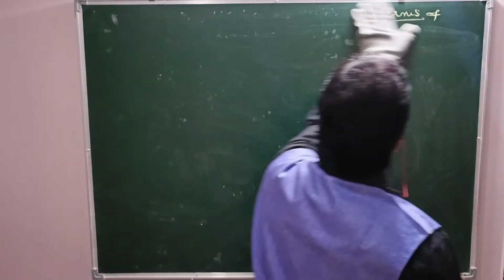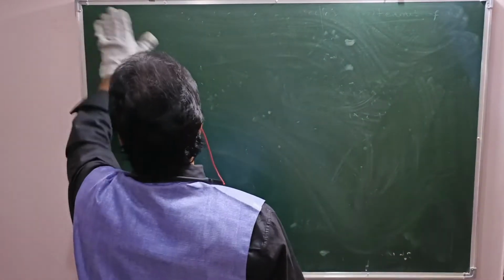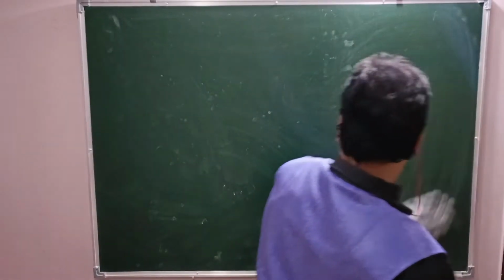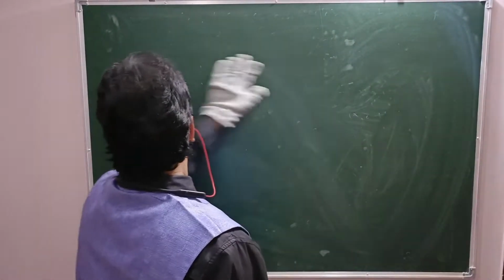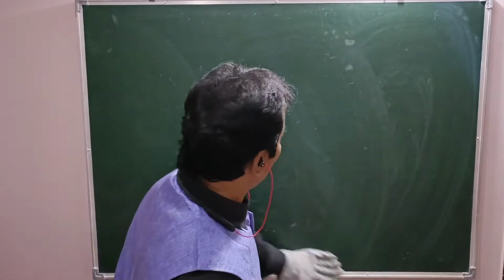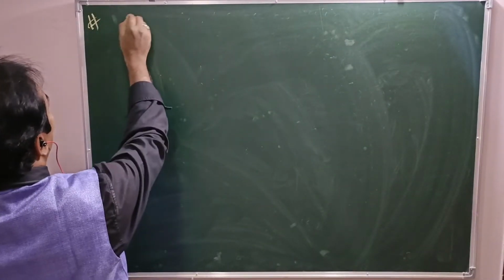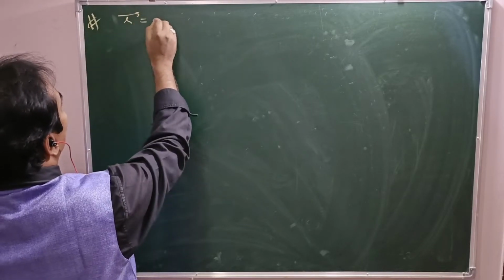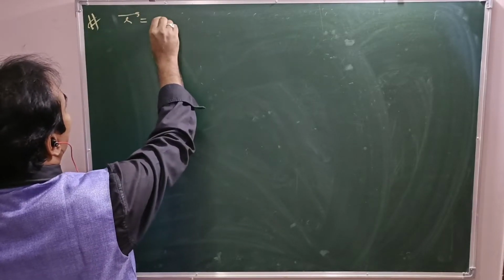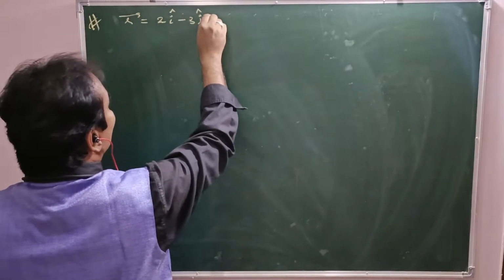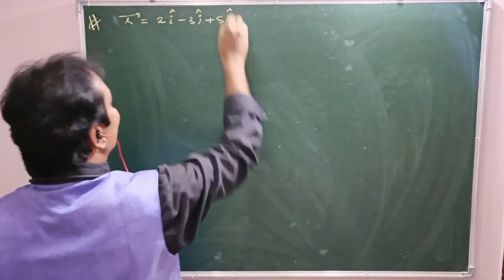Right. Next, a small numerical. Suppose r bar equals 2i cap minus 3j cap plus 5k cap.